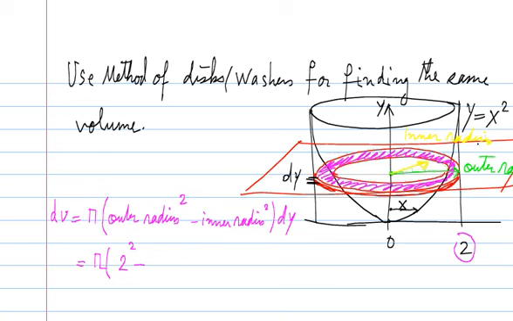What is x equal to? The shape itself is given to us as y equal to x squared. So that tells us that x is equal to plus or minus square root of y. We are looking at the right hand side, so x becomes square root of y. Now if I take the inner radius and square it, the square of x is just y itself, so I'll have just y times dy.